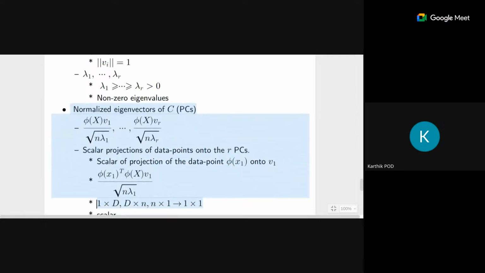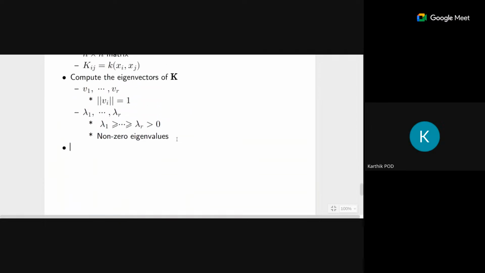Now what you do is you directly go and form these three matrices. One is the diagonal matrix, diag of 1 by root lambda 1, up to 1 by root lambda r.